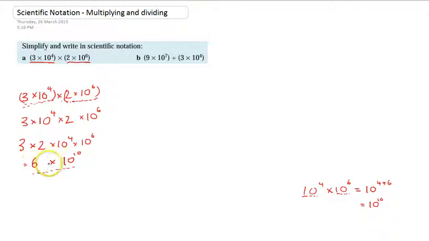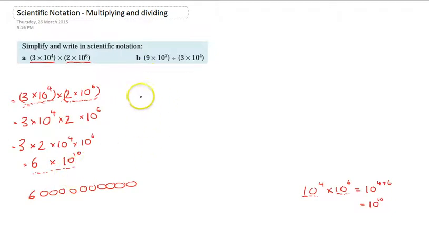We have 6 times 10 to the power of 10. So it might look a little bit complicated the first time you do it, but really all we're doing is taking two numbers and multiplying them by each other to get one number, 6 times 10 to the power of 10, which is of course just 6 with 10 zeros at the end. 6 with 10 zeros. So you can see a pretty big number.